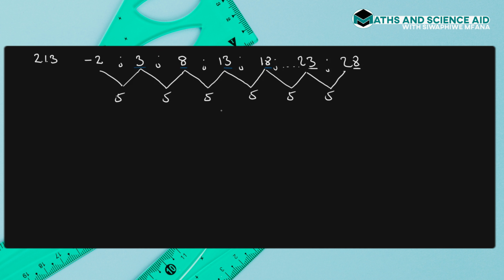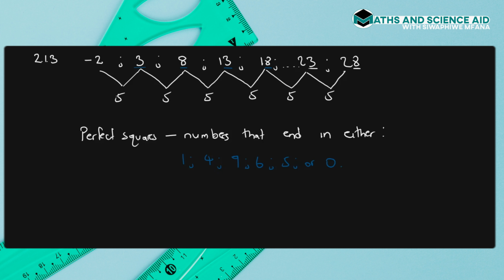And now what you must know is that for a number to be a perfect square, perfect squares, these are numbers that end in either 1, 4, 9, 6, 5, or 0.